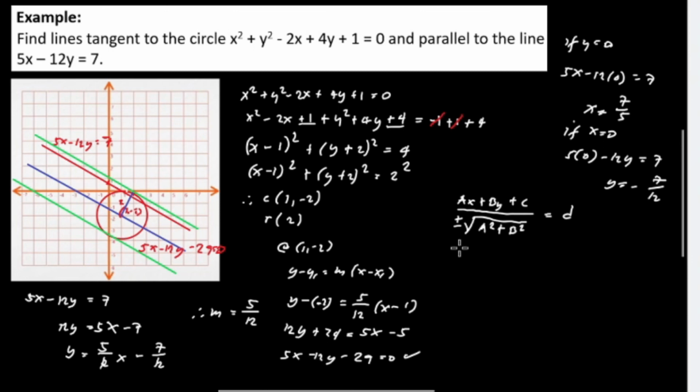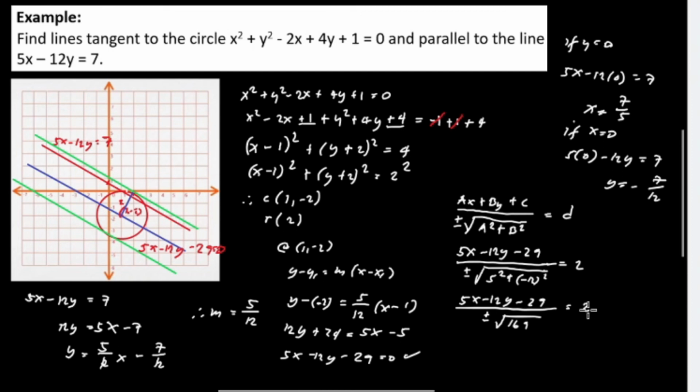Substituting the values, 5x minus 12y minus 29 divided by plus or minus the square root of 5 squared plus negative 12 squared equals 2. Simplify: 5 squared is 25, plus 144, that's 169.